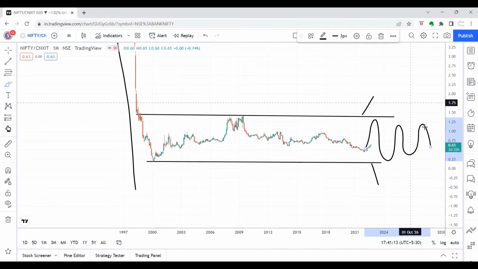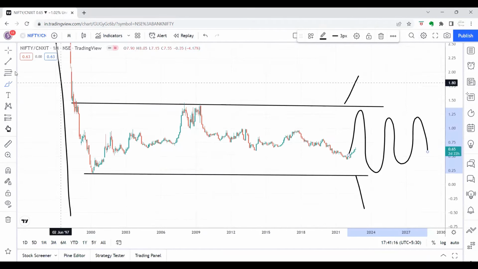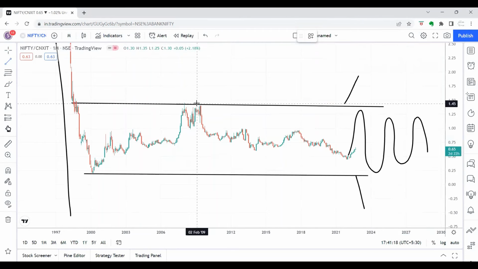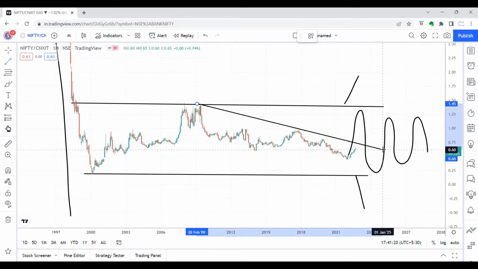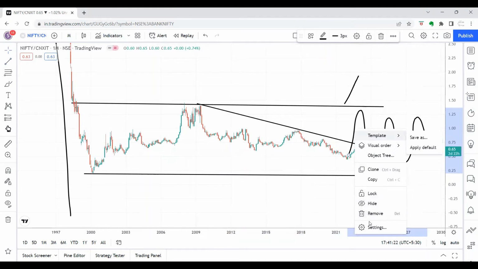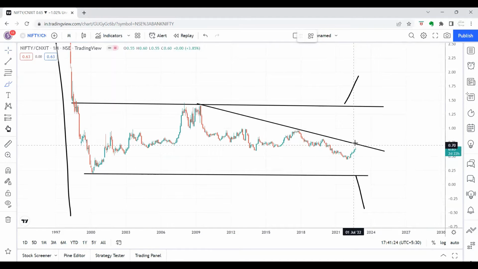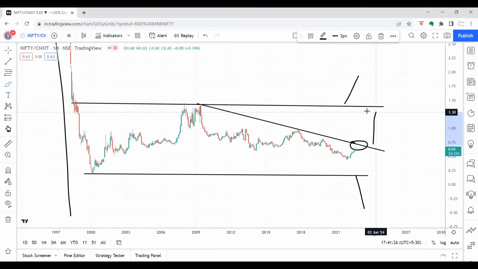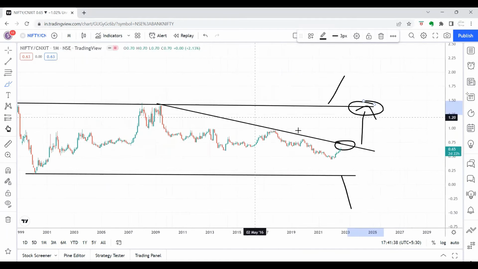So this is how you can make analysis, and we can also do something like this. If we get a breakout and if we expect price to come to this point, we can select some of the stocks belonging to the IT sector which are going to give a breakout, so that will give a very good move to the upside. So this is about the IT sector.